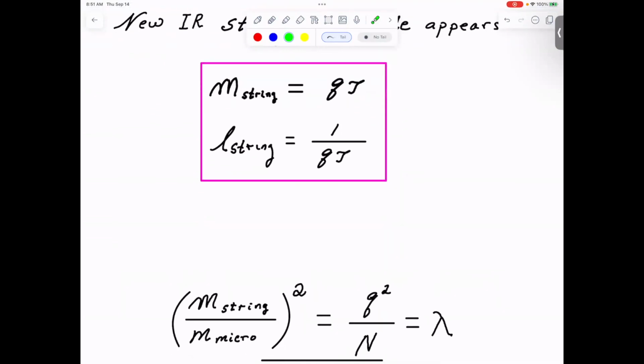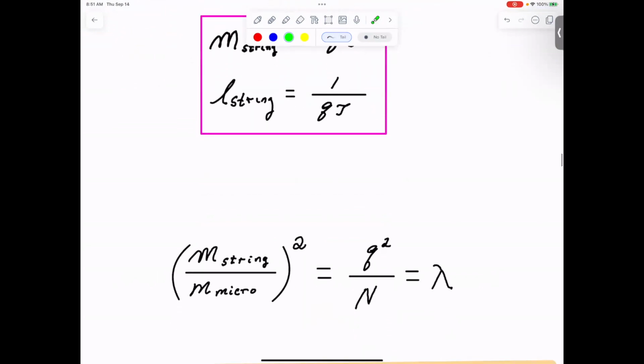Now that we know that, and we have a good reason for saying that the string scale is 1 over qj, we can now come back to this m string over m micro squared, and in fact, it is exactly q squared over n, which is the lambda parameter of double-scaled SYK.